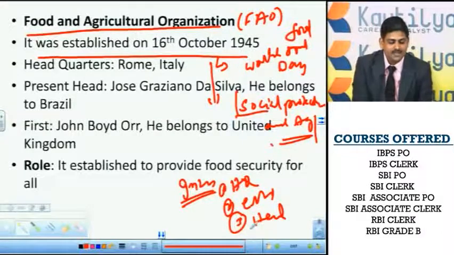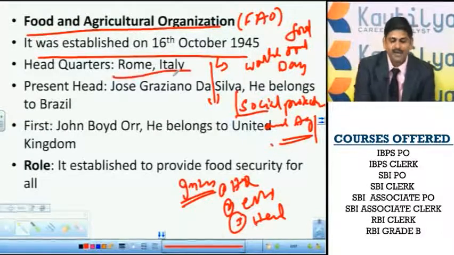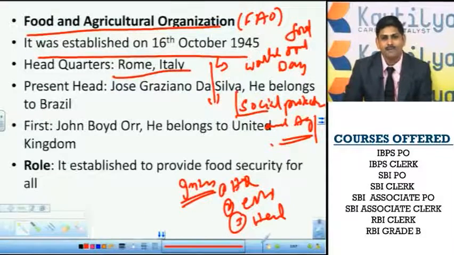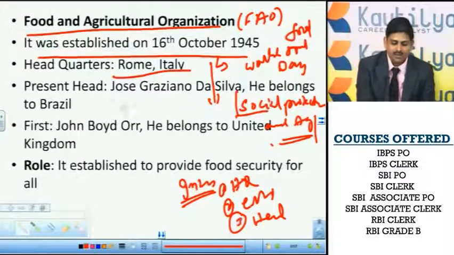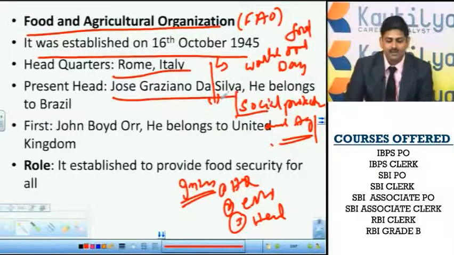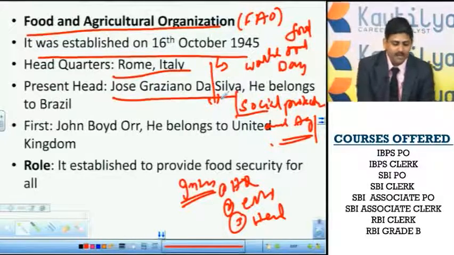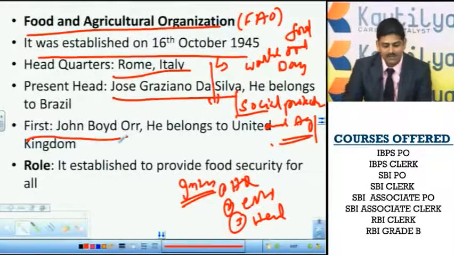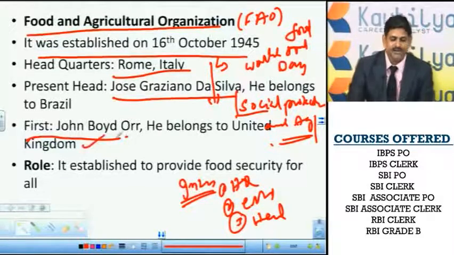Now let us see where it is located. Its headquarters is located in the Italian capital, Rome. The present head is Jose Graziano da Silva, a Brazilian. He has been in that post for the last 2 to 3 years. The first one who led this organization was John Boyd Orr, who belongs to the United Kingdom.